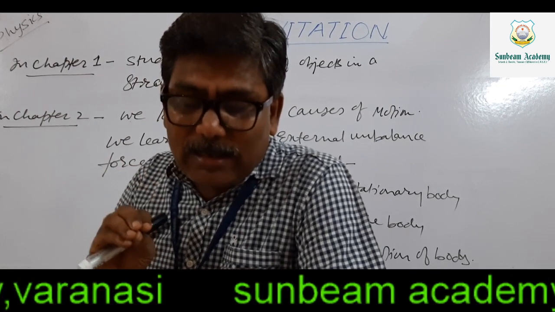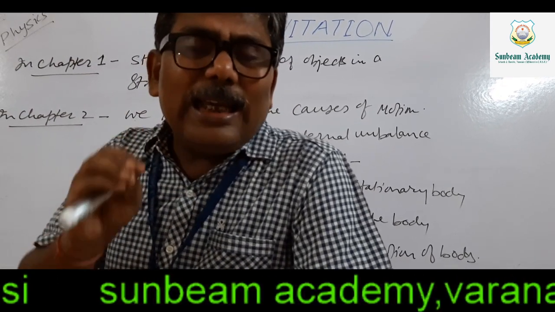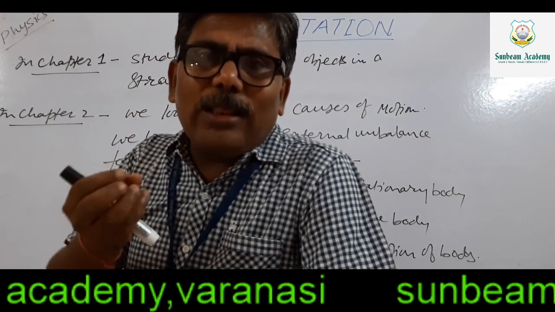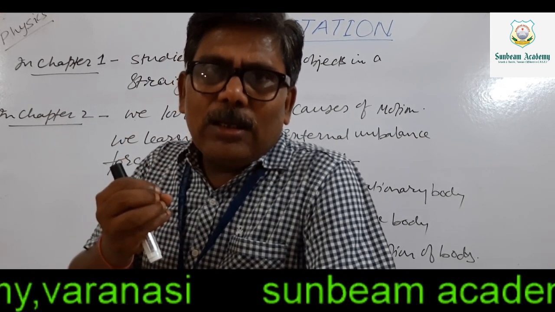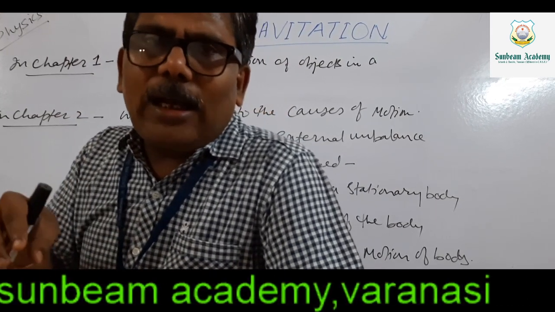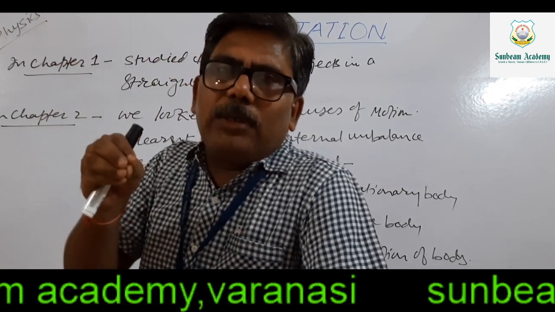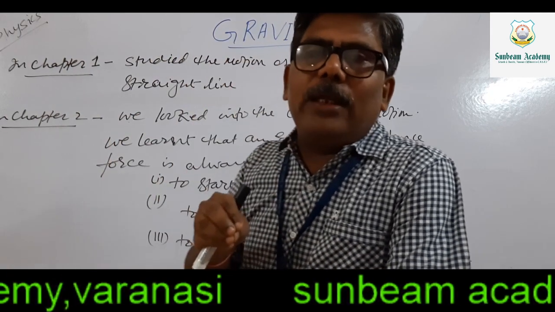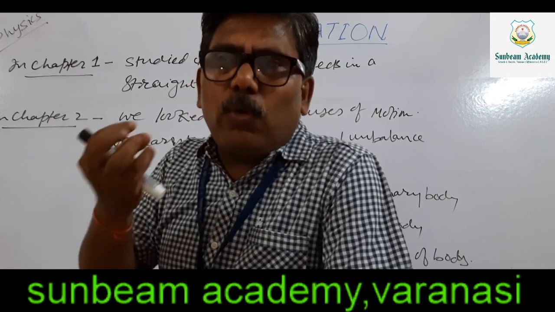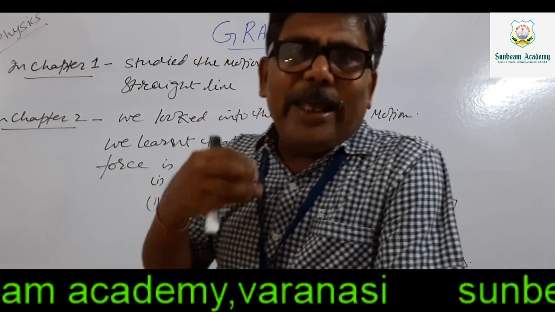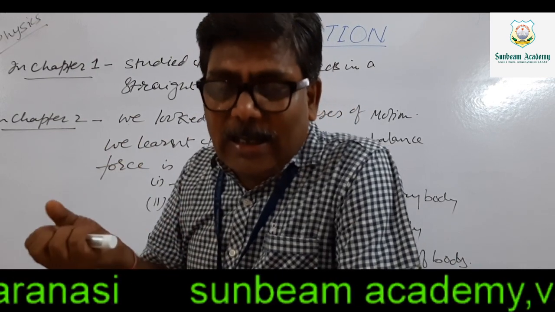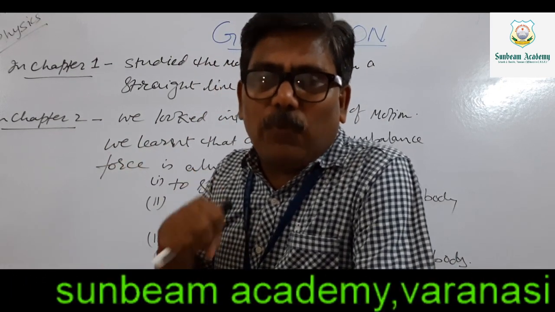It means that the earth is exerting some force on that object which pulls the object towards it, and that's why any object you throw in any way, ultimately it will fall on the earth. This force of attraction exerted by the earth is known as gravity, gravitational force.